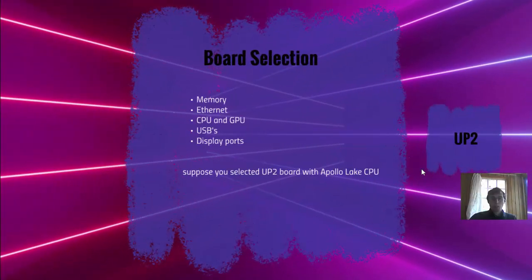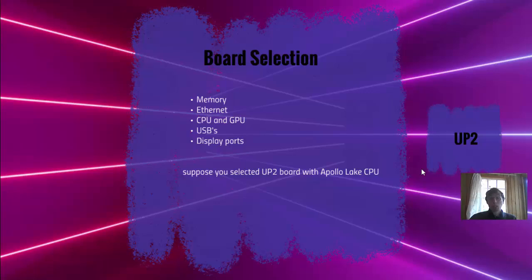So the board selection is a bit puzzling because it involves memory, Ethernet, CPU and GPU, and sometimes different USB ports or display ports. The selection of the board depends on your scenario, what you want to create. You may want to create a decoder board, or an encoder board, or mix and match, using some boards for decoding and some for encoding.